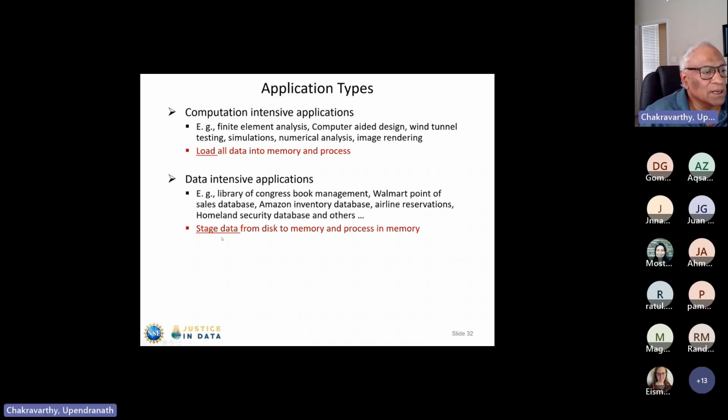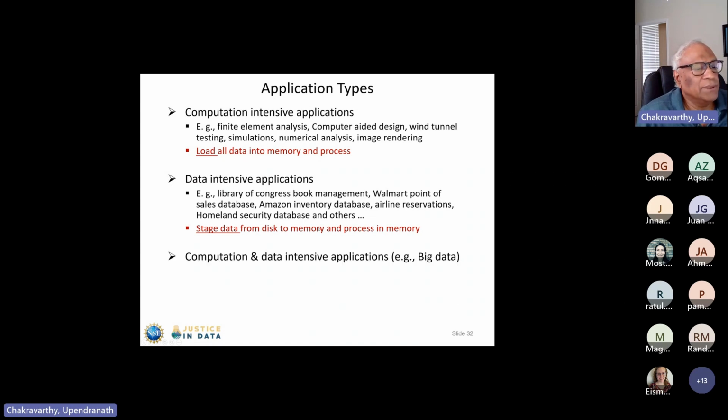The hallmark of this is you cannot load the whole thing into memory because we don't have enough memory, and then do the computation. You have to stage data from disk to memory and process it. This is the difficult part. You have to determine how to stage data and how to process it. And that is where database management systems came into the picture.